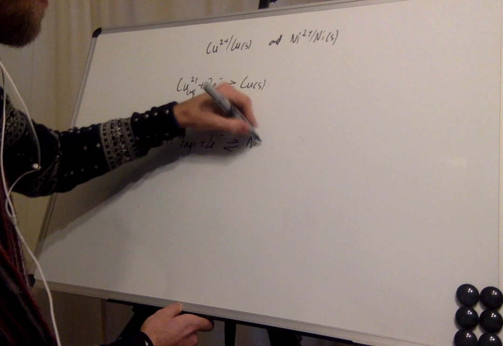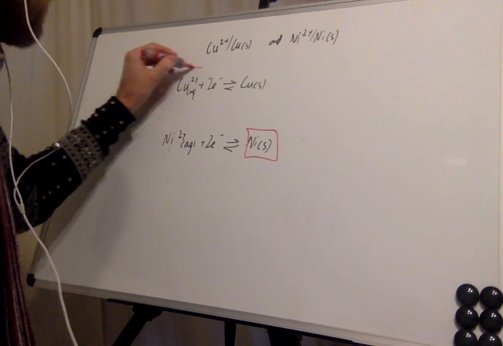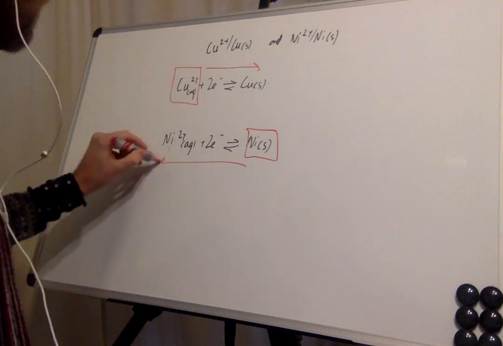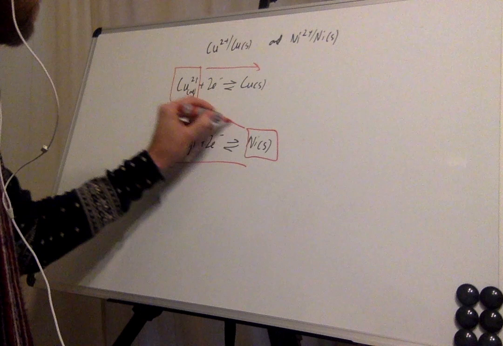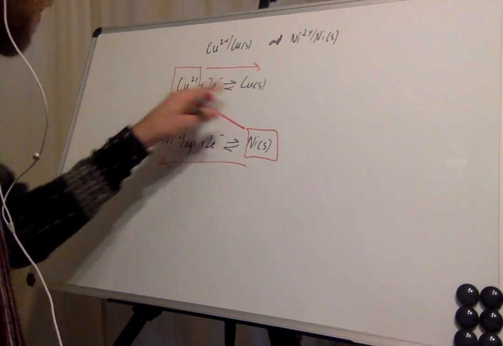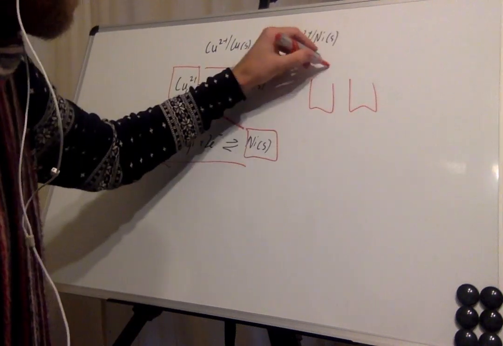This one goes forward, this one goes backwards, and there's the lovely backwards Z shape. So nickel solid starts off and goes to nickel aqueous, and copper 2 plus goes to copper solid. If you drew your thing with the beakers and all the stuff, you could label everything and figure out what's positive, what's negative, etc.